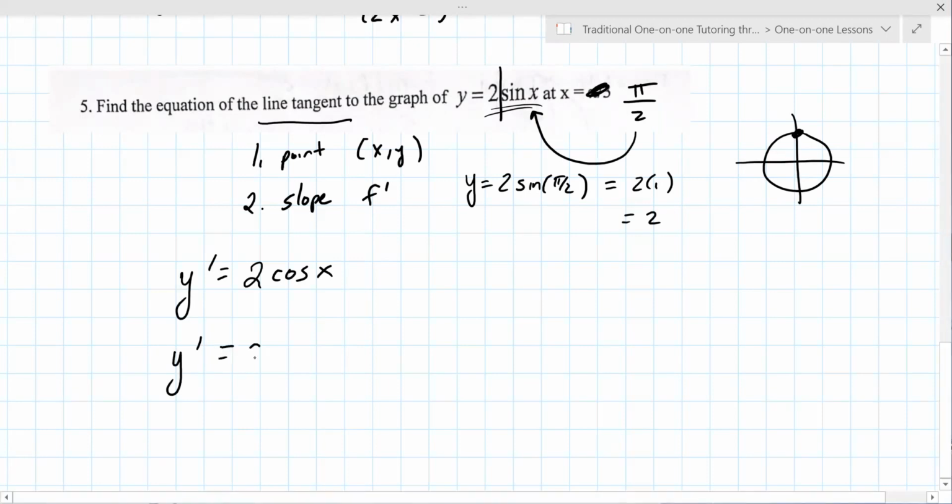So you have to evaluate the derivative at pi over 2. Okay. So that's 0. Yeah, just 0. So your tangent line is y minus y1 equals the slope times x minus x1.